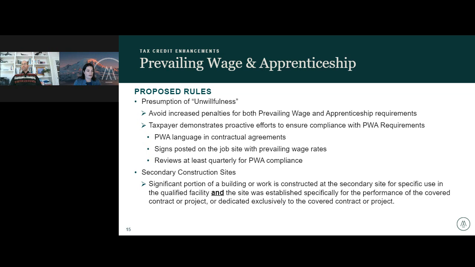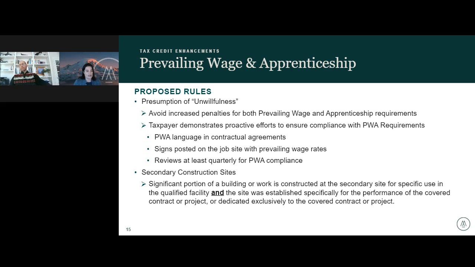Another key piece of guidance that came from the proposed rules was addressing secondary construction sites. Many IRA eligible projects are in remote locations where there may be a portion of the work being constructed at a secondary site and then transported to the final installation site.